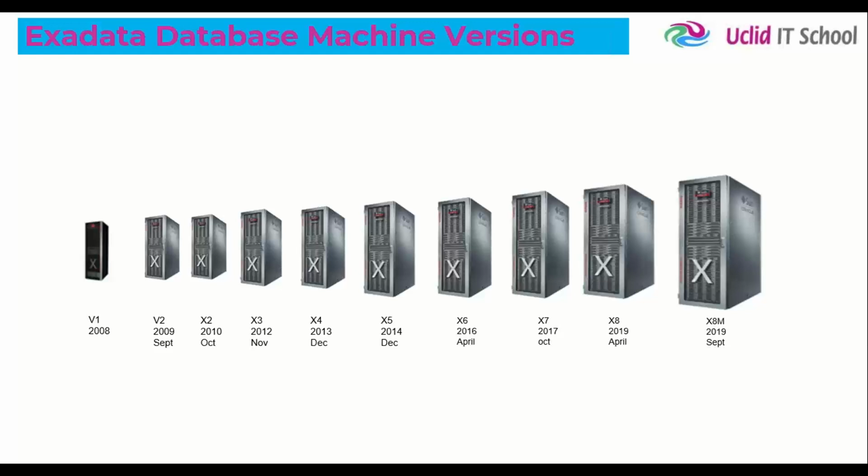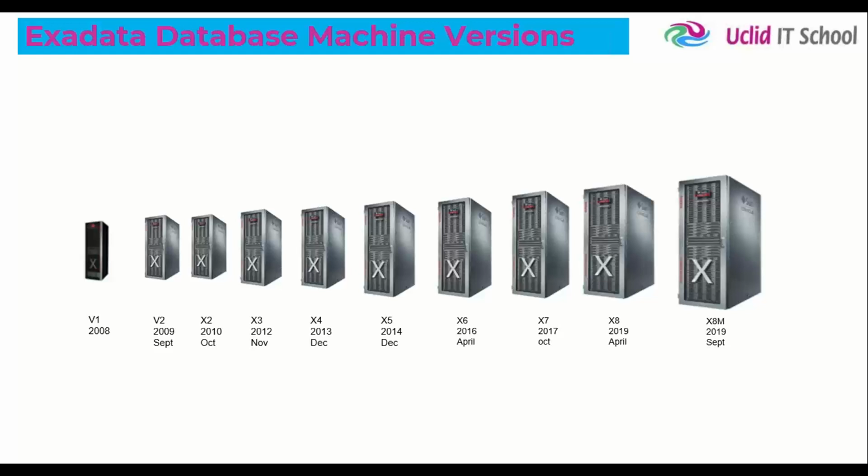So Exadata hardware versions are shown in this slide. Version 1, V1, was the first version, and the latest version is named X8M. X8M is the latest version of Exadata. Now, you can see different versions and the year and month of release for all these versions.